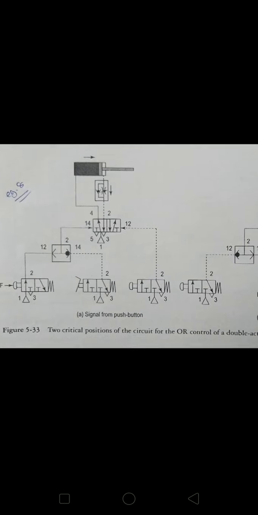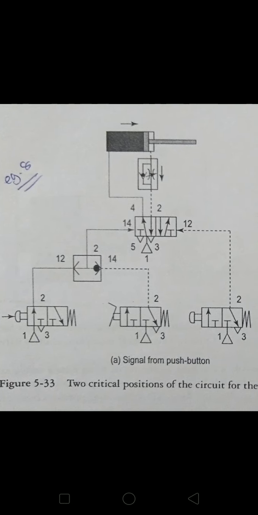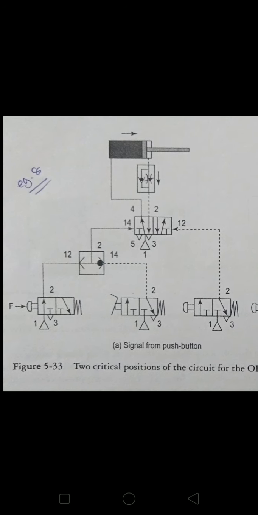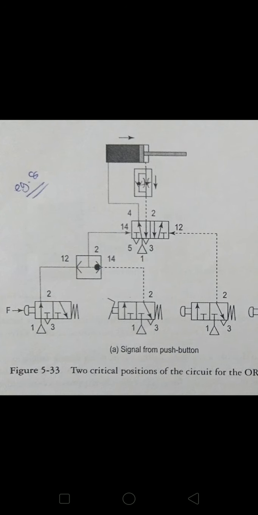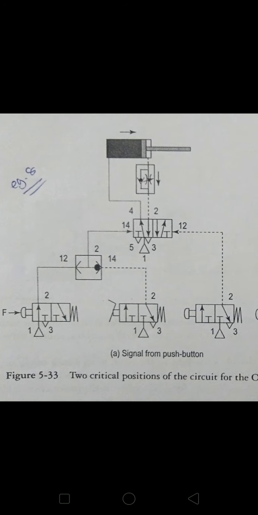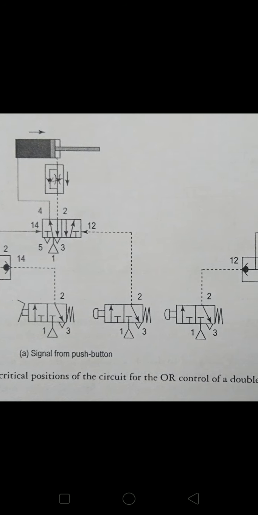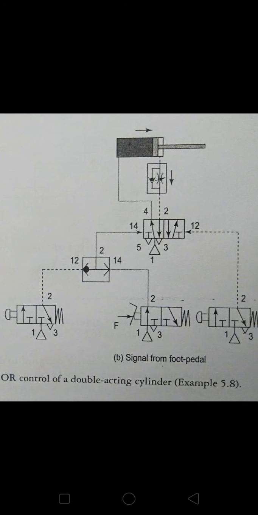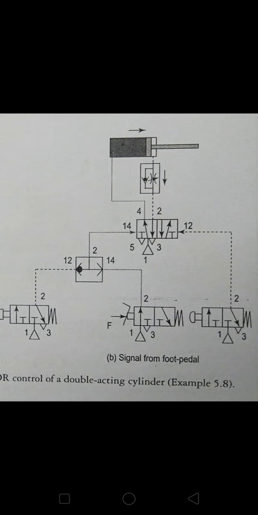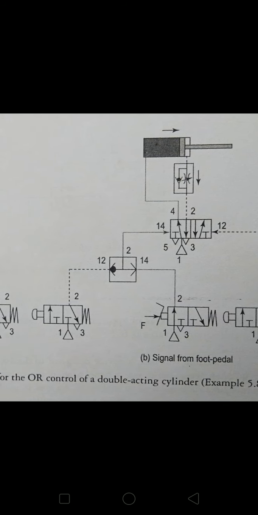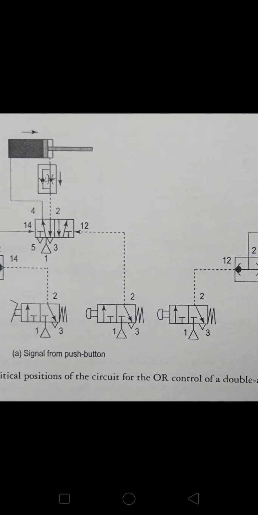You can see this figure. This is the initial position, and this shows the actuated position, right? There are two inputs and one output.